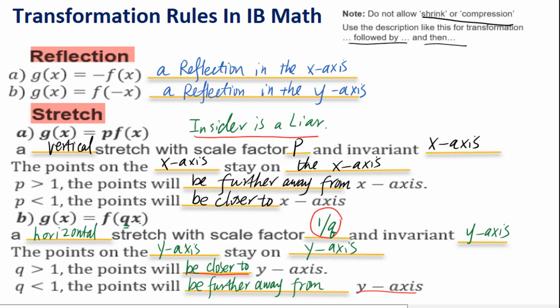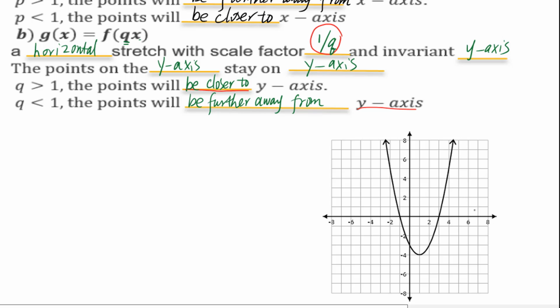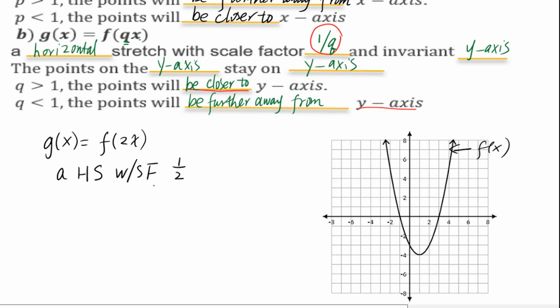Let me show you an example. Assume this graph is f of x. g of x equals f of 2x. So we have a horizontal stretch with a scale factor 1/2. It will be closer to the y-axis. Invariant y-axis, find the y-intercept.